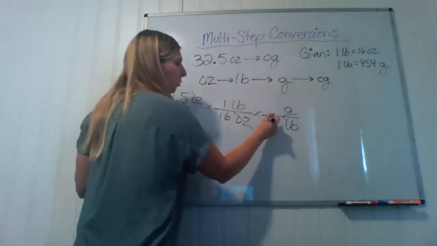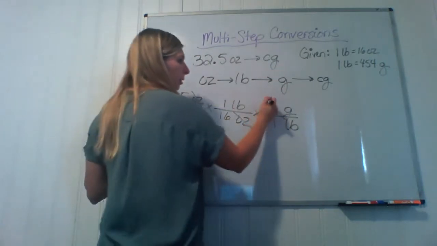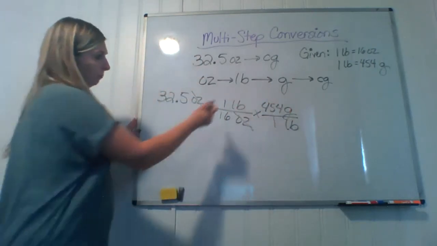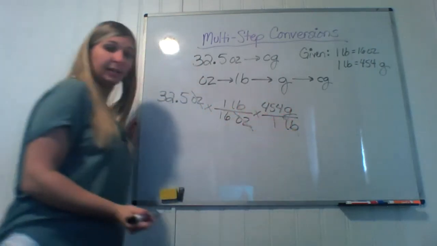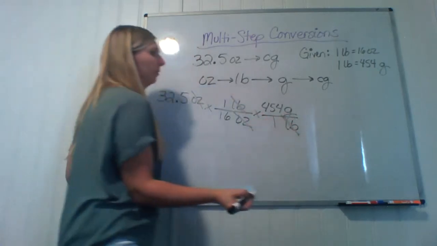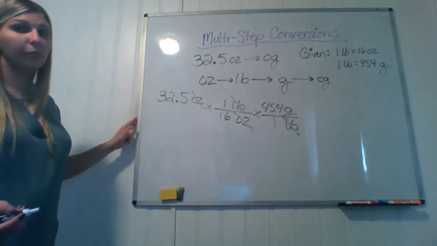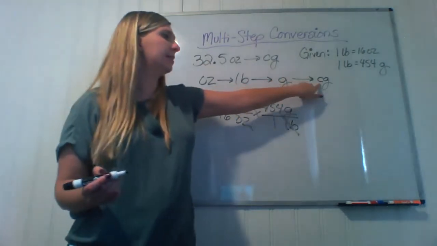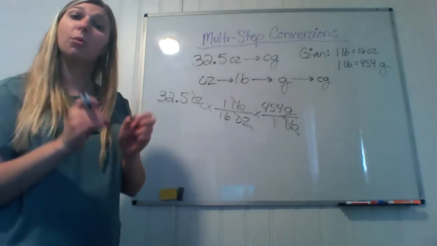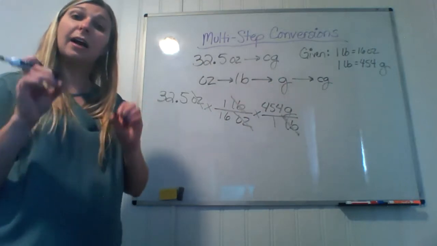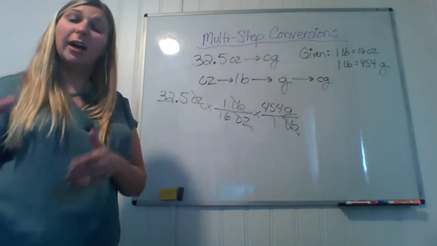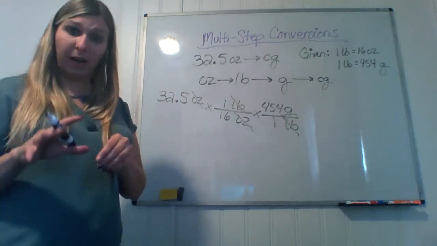So then we put 1 pound on the bottom, 454 grams on top. Cancel the units diagonally. Then we have one final step, which is going to be the relationship between grams and centigrams. Centi is the prefix that means 100. There is 100 centigrams in 1 gram.